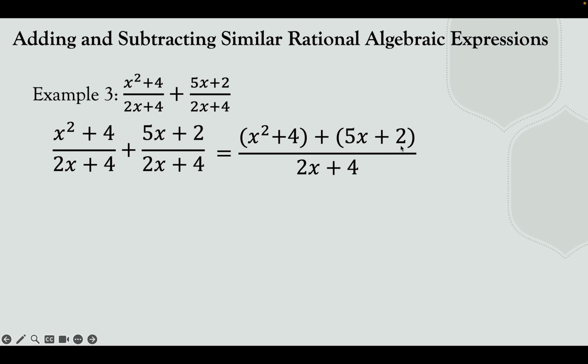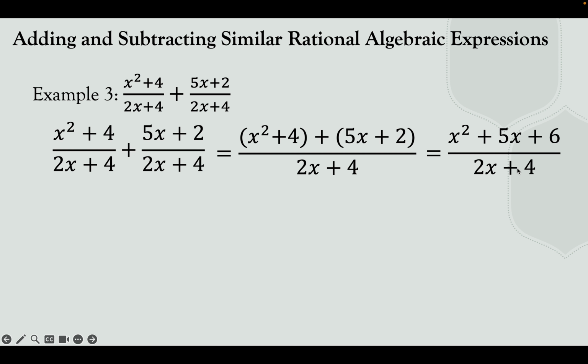Only 4 and 2 are like terms, they are constant terms, so combine the constant terms. Remember that we need to arrange the given expression from the largest exponent to the constant term. So x squared plus 5x, and 4 plus 2, we have 6, over 2x plus 4.